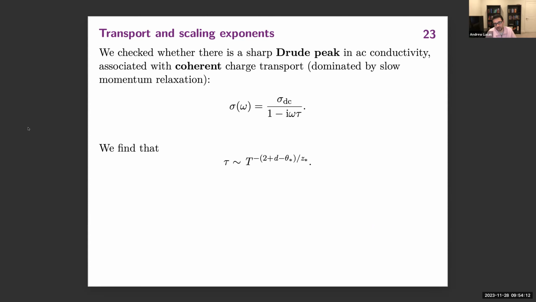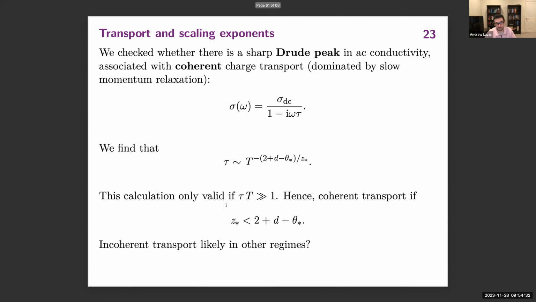It may be that you don't quite have a Drude peak, but there's some other sharp peak, just with a non-Drude form. We don't know for sure. But all we can say is that you don't have this 1 minus i omega tau form when this inequality is violated.